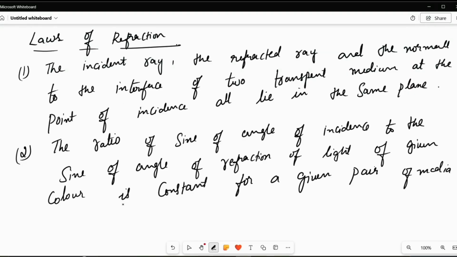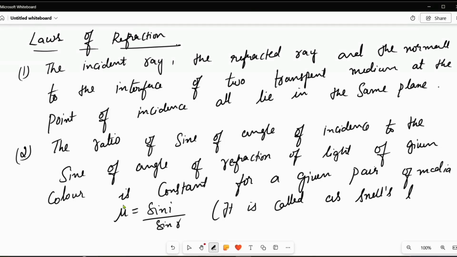That is, mu is equal to sin i by sin r. It is also called Snell's law. They may ask about the laws of reflection, or they may ask you to explain Snell's law. So Snell's law is the second one.